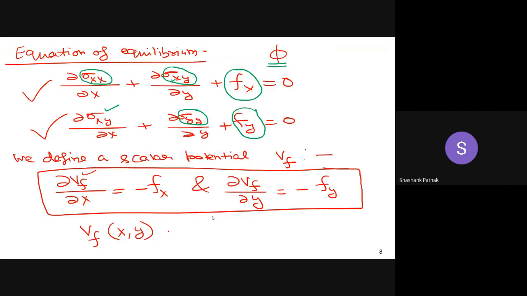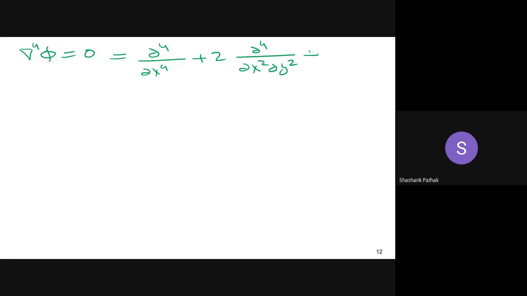So let me write grad 4 phi equal to 0 because body forces are 0. It means del 4 by del x4 plus 2 times del 4 by del x square del y square plus del 4 by del y4.